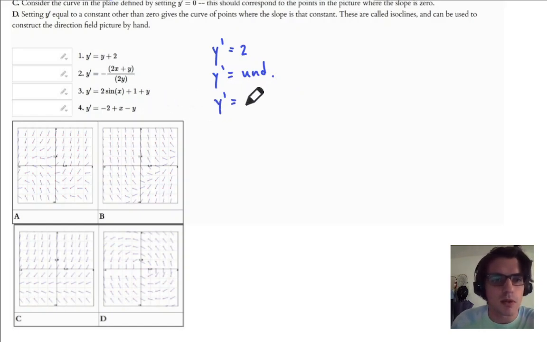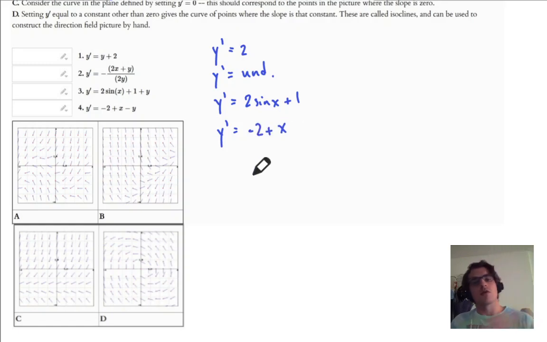Y prime equals 2 sine x plus 1, and y prime equals -2 plus x. Okay, so just a reminder, we were setting y equal to 0 in all of these. And now that we have some experience, I just want to go through and mark these off as quickly as I can.